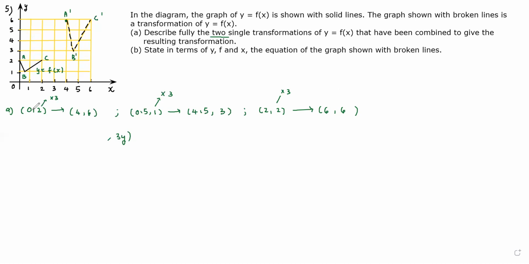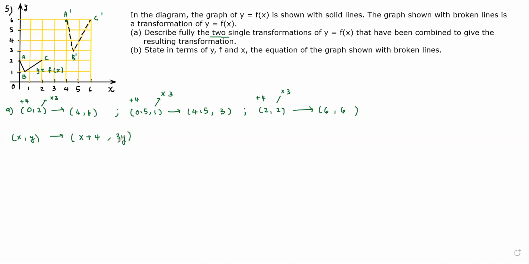And for the x coordinates, from 0 to 4, 0.5 to 4.5, and 2 to 6, we add 4 to the x coordinates. So we have x plus 4 for the x coordinates. That will give you the image coordinates.